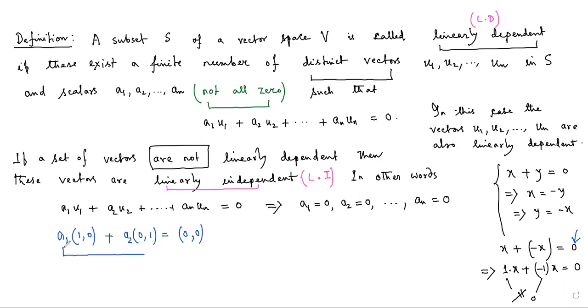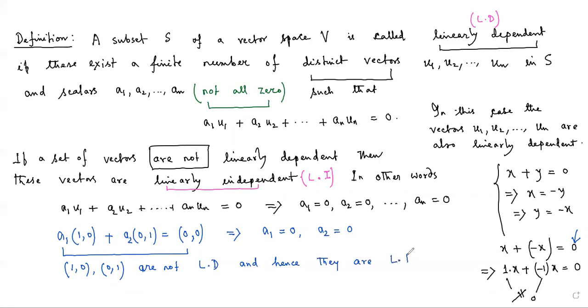After calculation, we found the only possibility is that the individual scalars are 0: a1 equal to 0 and a2 equal to 0. Therefore, these vectors (1, 0) and (0, 1) are not LD, and hence they are LI, linearly independent vectors.